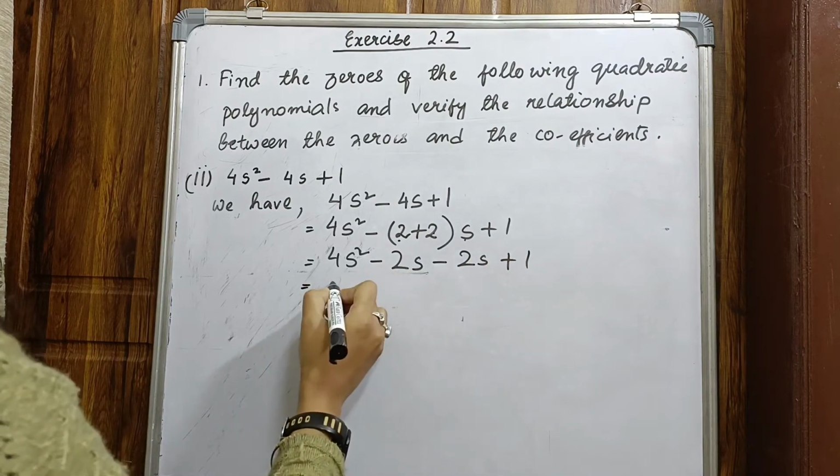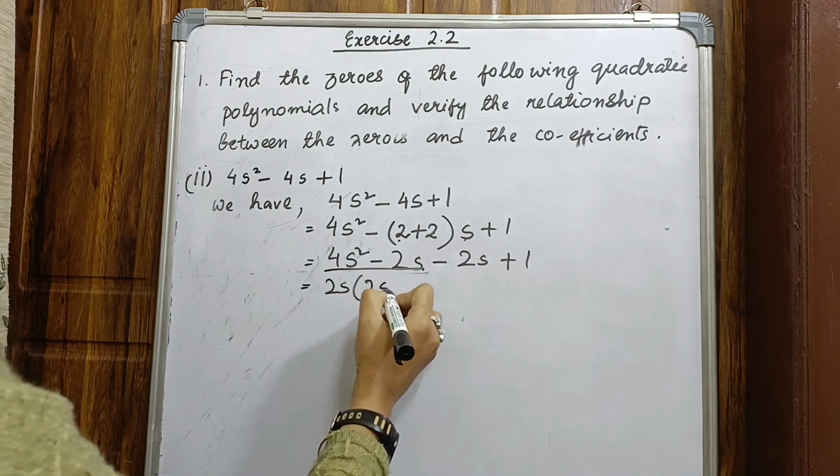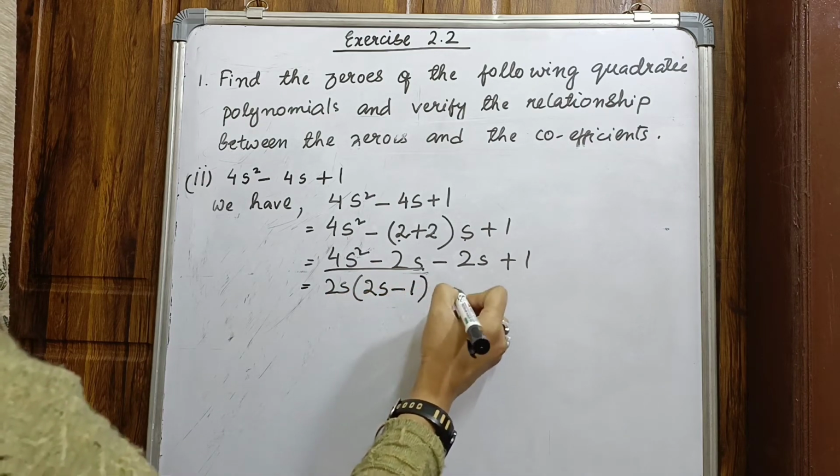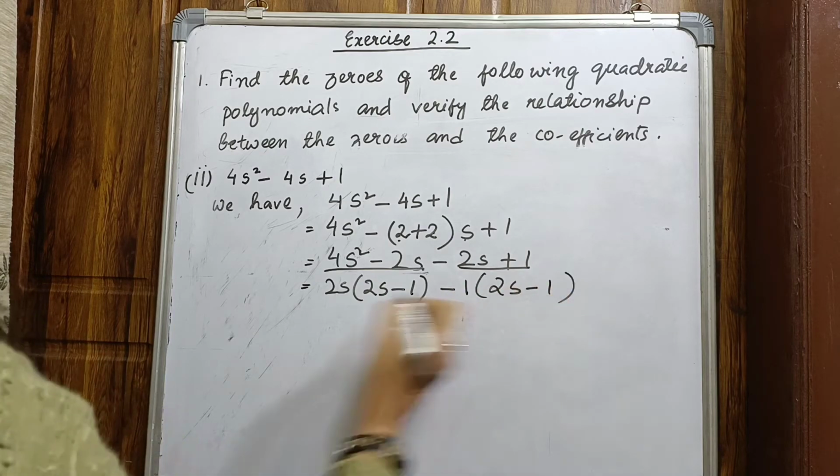We'll take 2s common between the first two, and what remains is 2s minus 1, and here 1 times 2s minus 1.